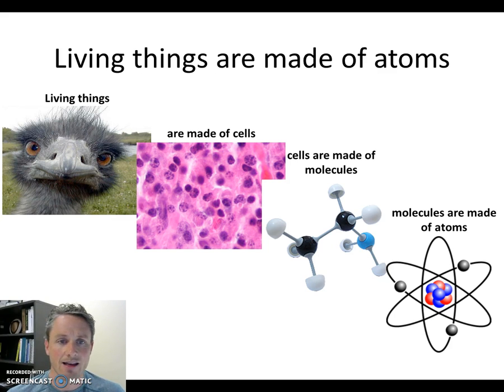So for us to understand living things, we really have to understand atoms. We're going to take those atoms, we're going to put them together into molecules. We'll put the molecules together into cells, and then we'll finally put those cells together into the living organisms that we're talking about. So let's talk about those atoms and what they're made out of.